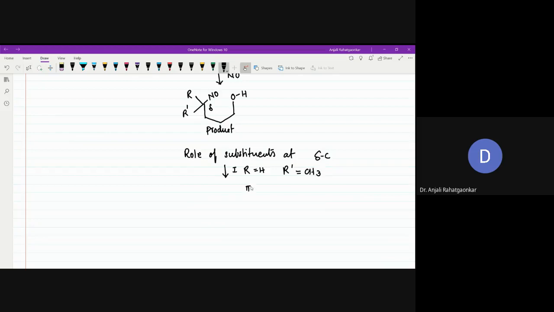In the second case, R is equal to H and R dash is also equal to H. And in the third case, R is equal to CH3 and R dash is equal to CH3. Now why I am stressing the role of the substituent is because here this NO has a very typical behavior.